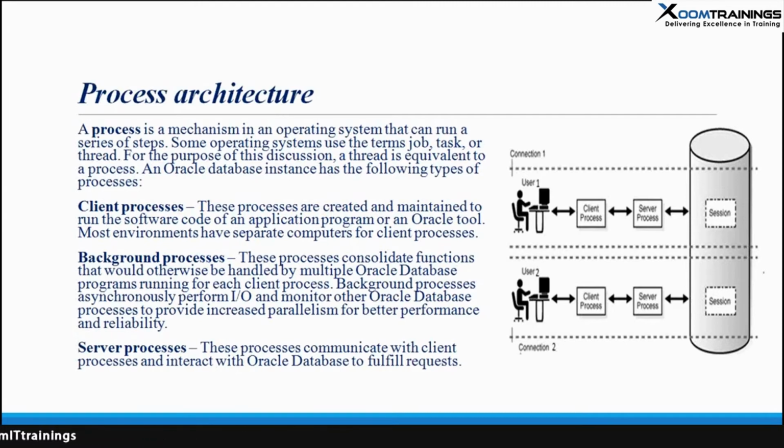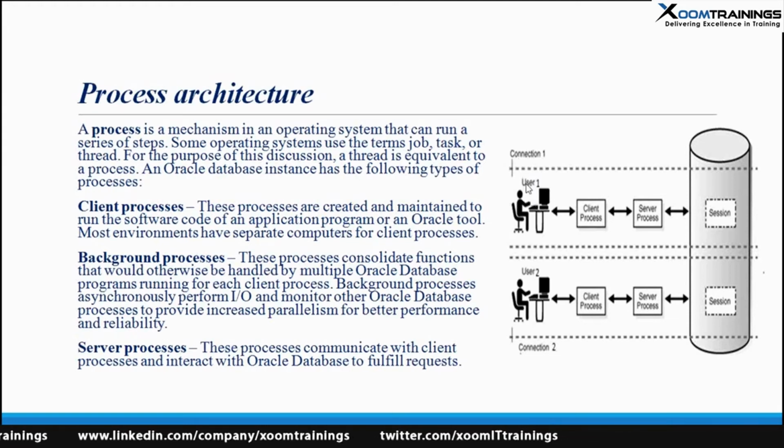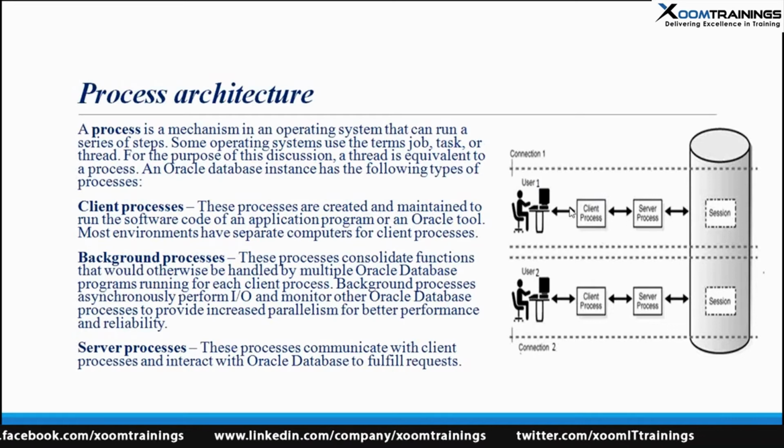An Oracle database instance has the following types of process. As I said, client process, background process, and server process. So what are the client processes? It will be better if we see this diagram. Okay, let us see what happens. We are a user. We are selecting some table. Like we issue a small command, select star from table 1. Okay, a client process is created. Why is it called a client process? It is called a client process because from this computer which we are operating, there is some kind of connection with the database.